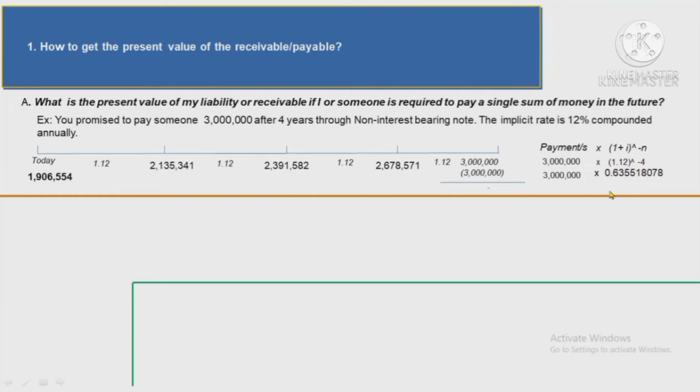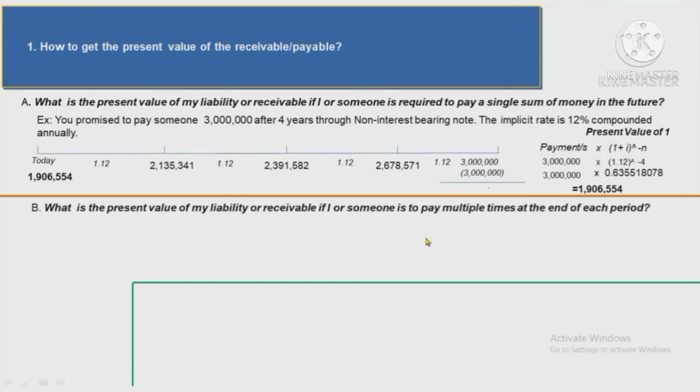So 3 million times this one, you will have 1,906,554, which is the same as the result in our timeline analysis. And by the way, this 1 plus i raised to the power of negative n is what we call the present value of 1.